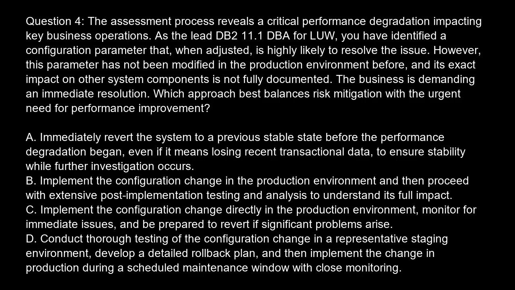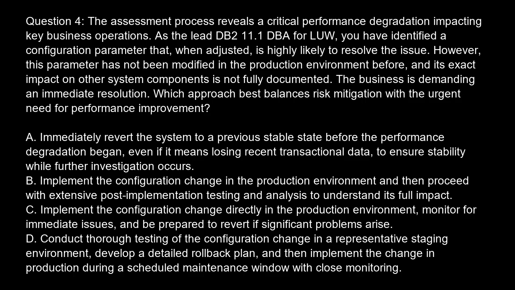Option A. Immediately revert the system to a previous stable state before the performance degradation began, even if it means losing recent transactional data, to ensure stability while further investigation occurs. Option B. Implement the configuration change in the production environment, and then proceed with extensive post-implementation testing and analysis to understand its full impact.